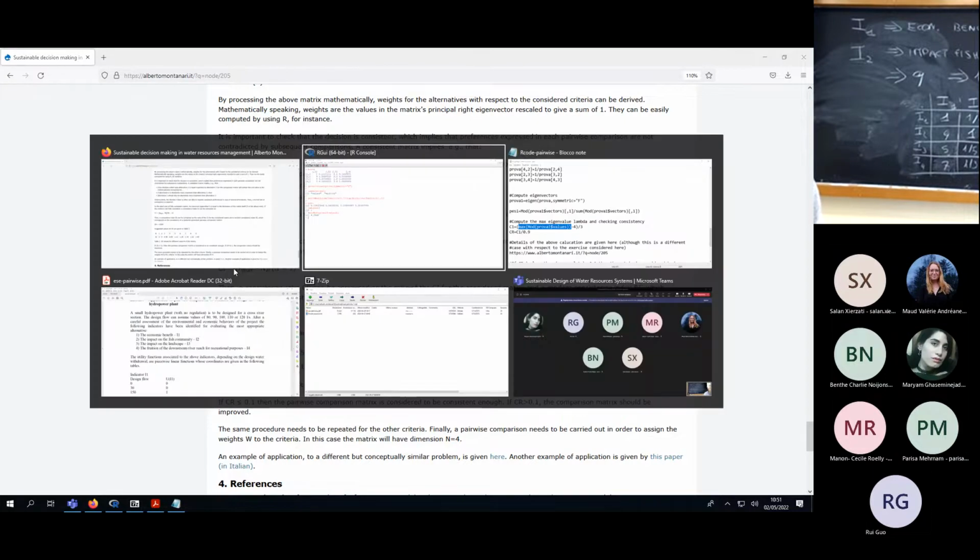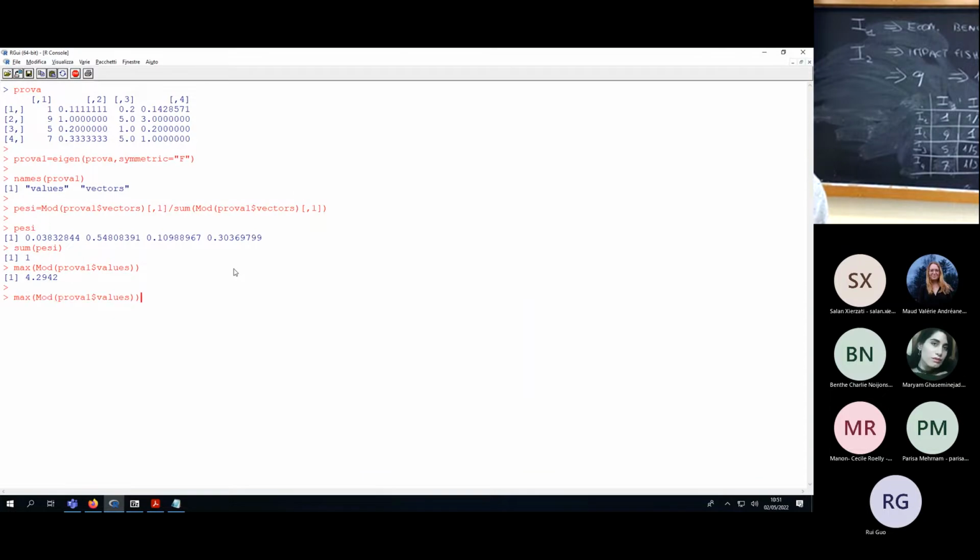Let me go to R. This was the max which I computed before. I have to take this one minus 4, and then let me put a parenthesis and divide it by 3. 0.09. This is precisely what is written in my code.